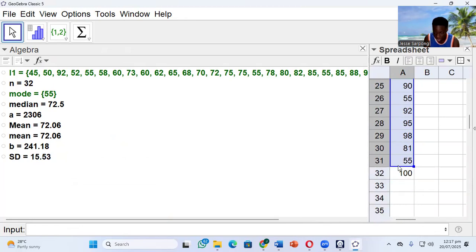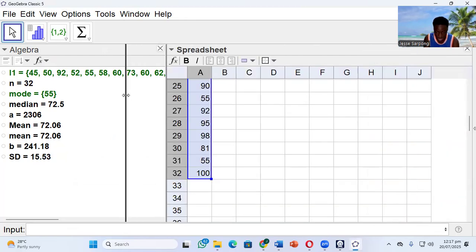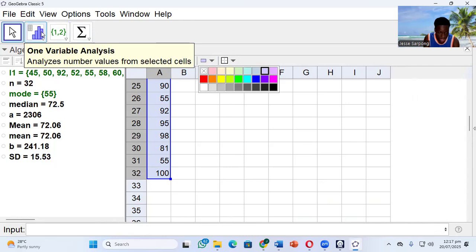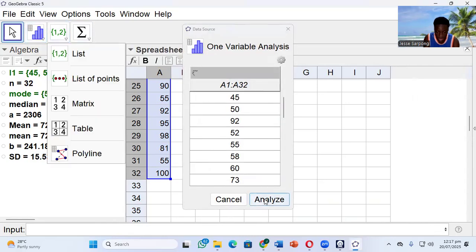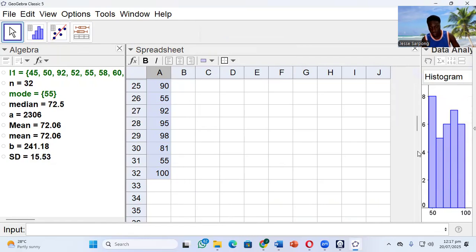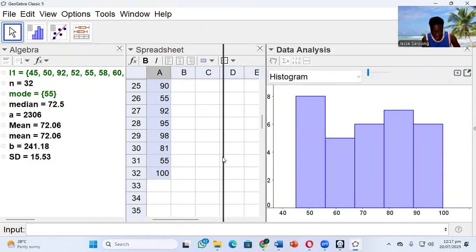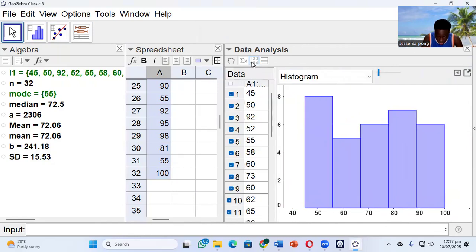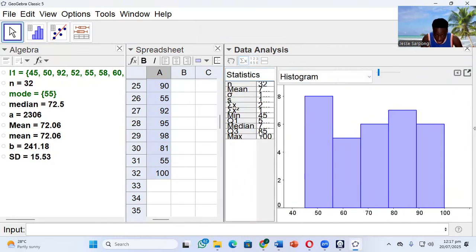I'll highlight it here, then increase this. Once I highlight, I click on analyze, and I get this. It can draw a histogram for us. This is what I wanted to show, the statistics list.